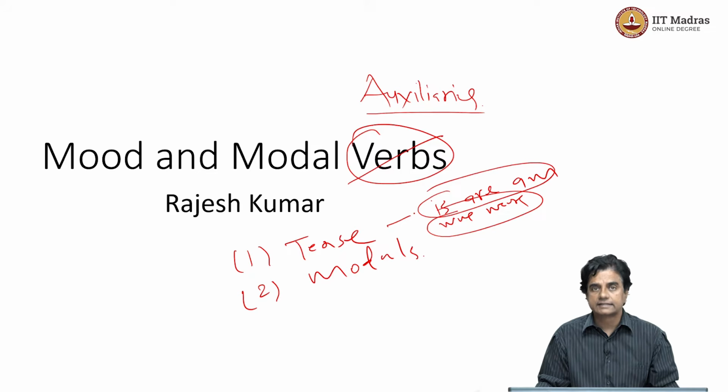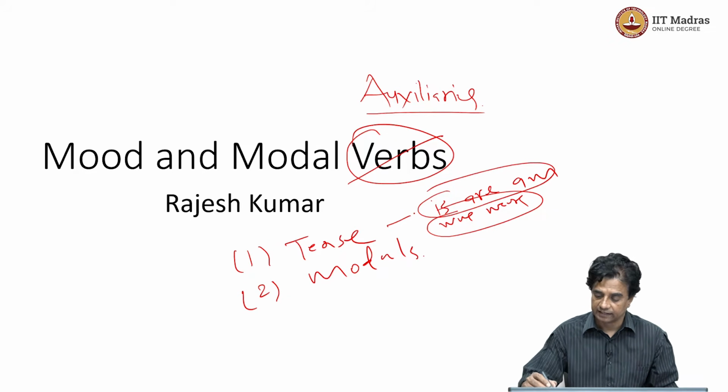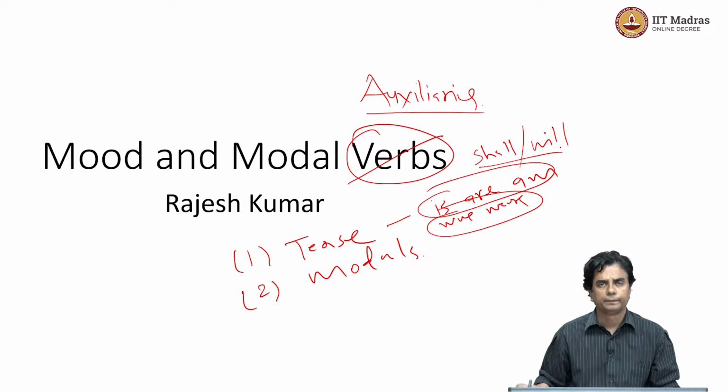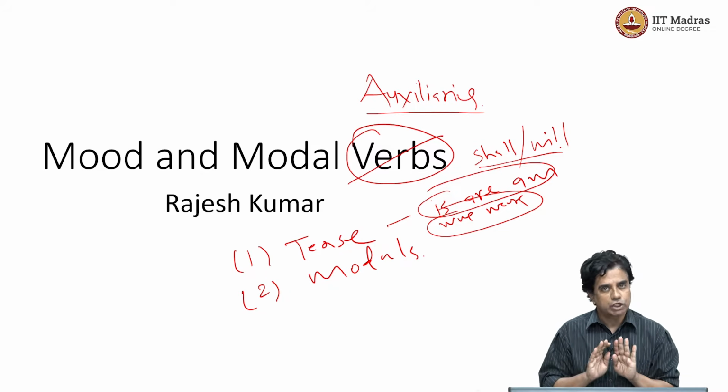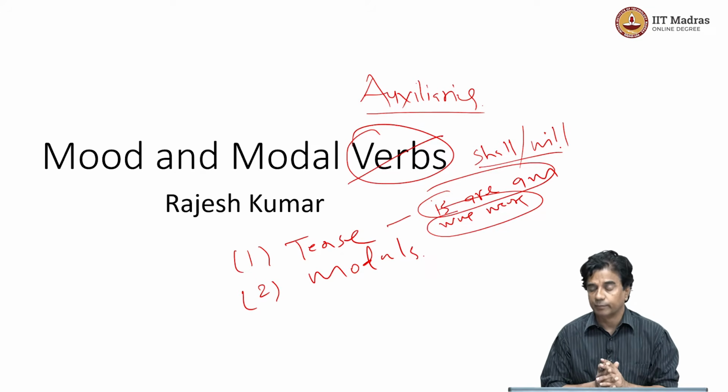There are certain auxiliaries used for future as well, and they are shall and will. On the other hand, we have modals as auxiliaries, and modals can only come in the form of auxiliaries. Hence, the categorical distinction between the verb and auxiliary modals is modals are only auxiliaries, they are not verbs.